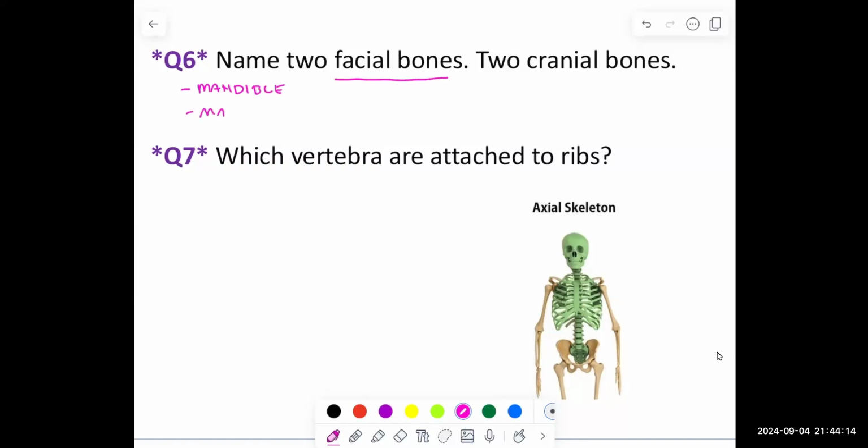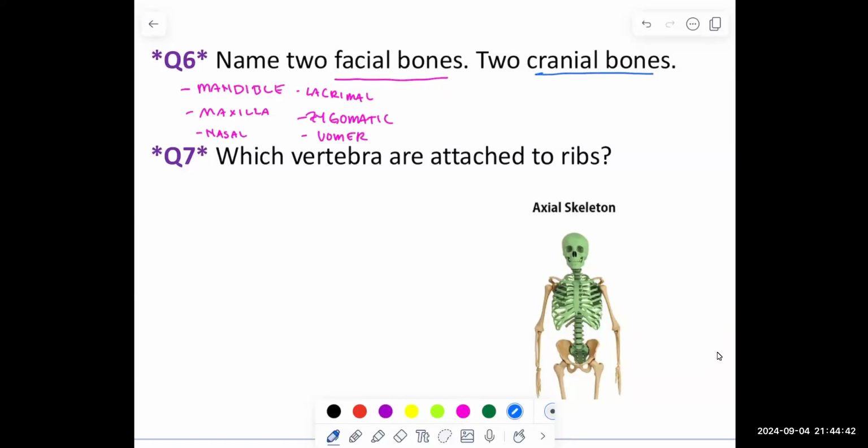What's another one? Lacrimal. Zygomatic. Nasal. Brain farting. Nasal. Vomer. Somebody said it. Thank you. I have to think about that one.